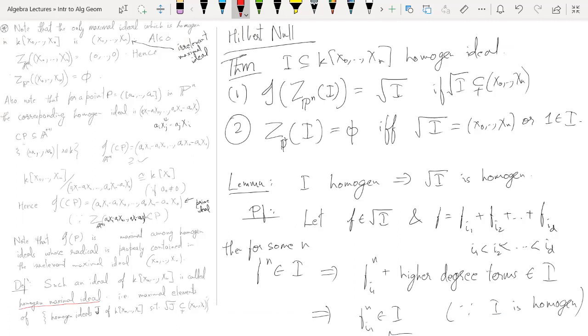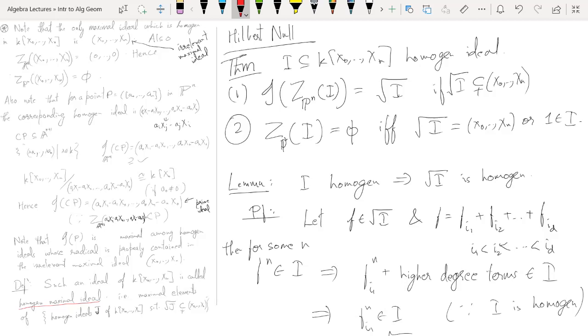Remember, Z_Pn(I) means those points of the projective space such that every homogeneous element of I vanishes at that point. And the ideal of definition means those homogeneous polynomials which vanish at every point in Z_Pn(I), and then you take the ideal generated by that. That should be the same as the radical of I.